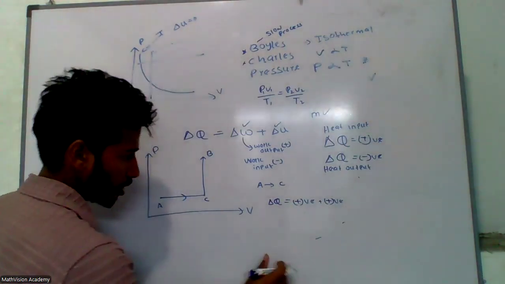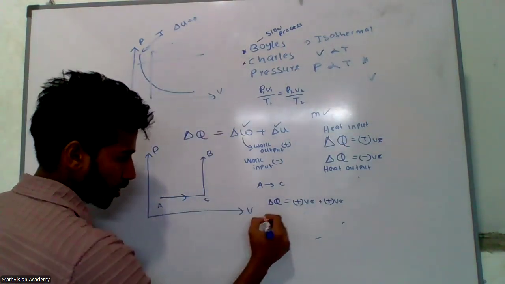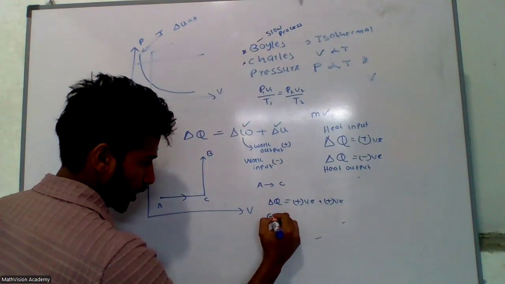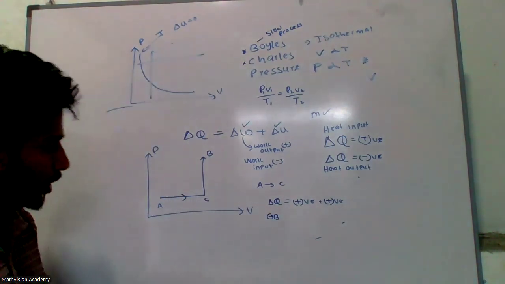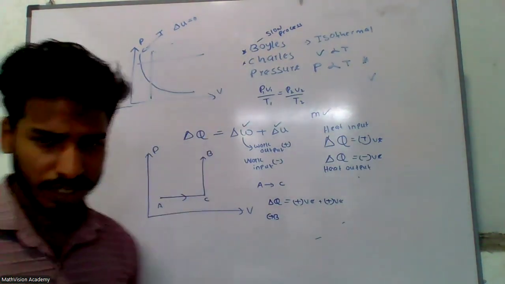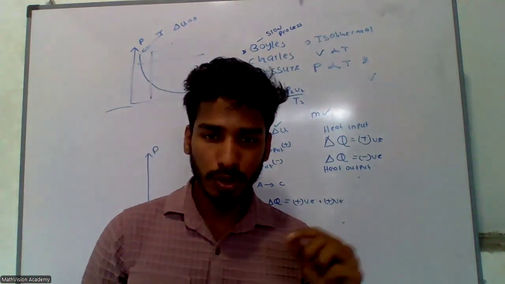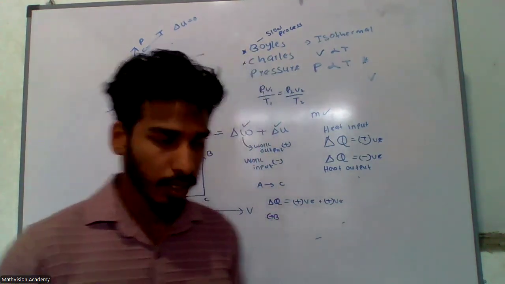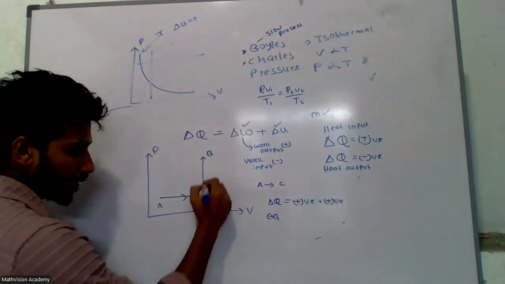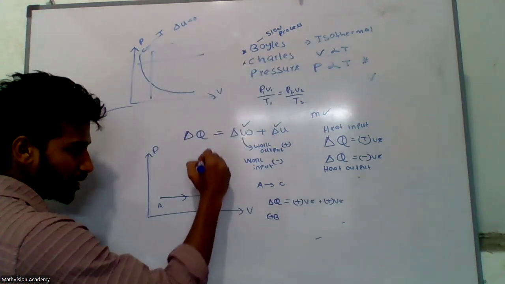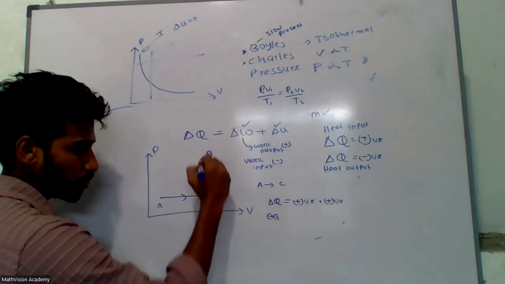And from C to B, there is a constant volume process. The volume is neither expanding nor reducing. So in this process, the work done is 0.